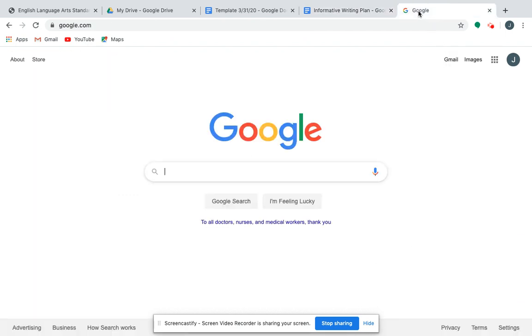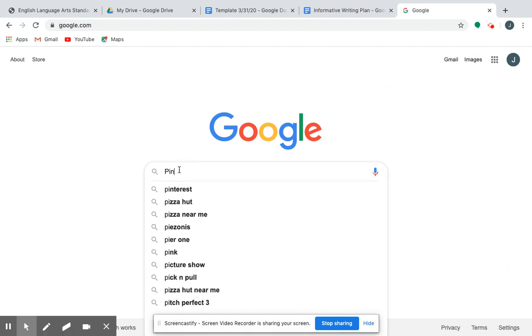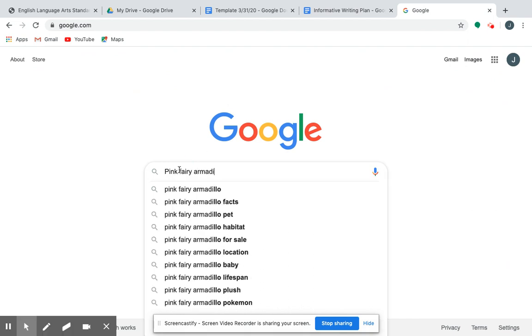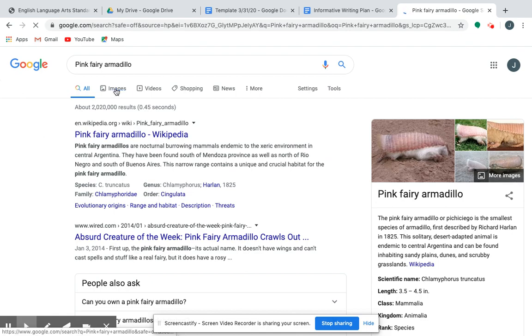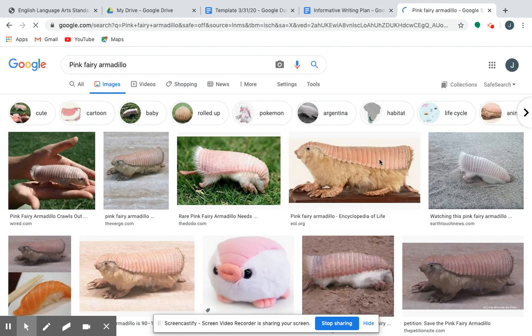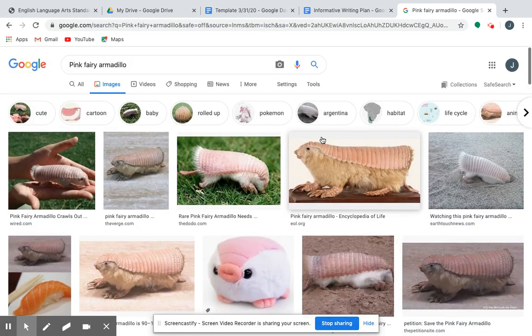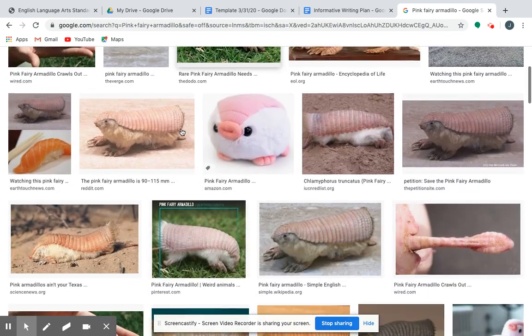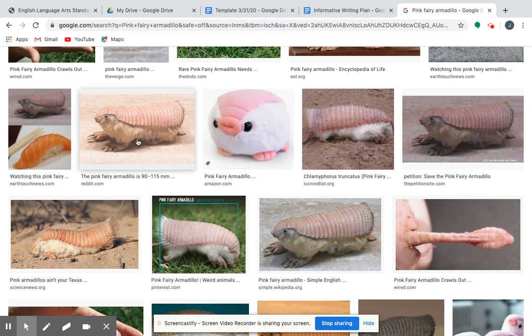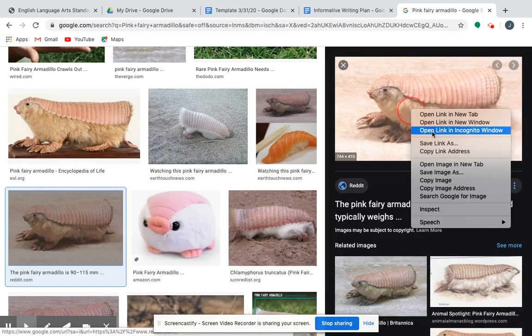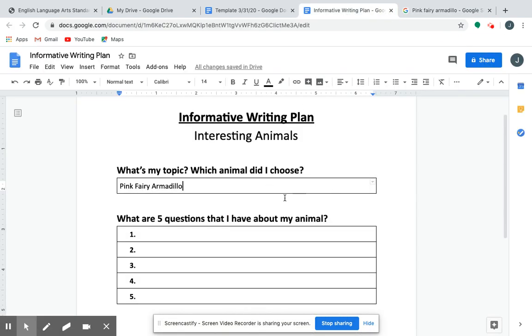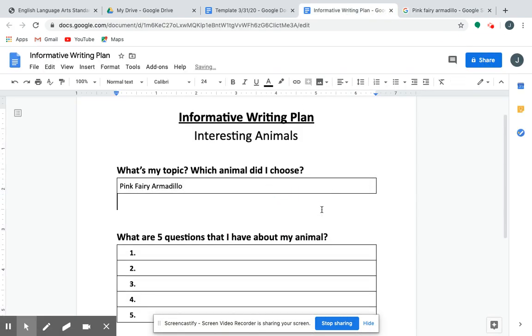If we want, let's include a picture too, because that's kind of fun. There's our little dude. Here, I like this one. So right click it, copy. I'll put it below this box.